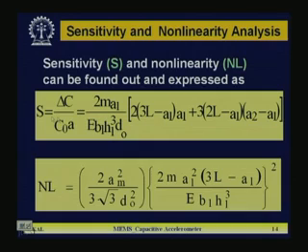Sensitivity is delta naught divided by C naught into A, where if you put the value of the delta C, which is given in the earlier expression, then the sensitivity expression comes like this. Similarly, nonlinearity is given by twice A square m 3 root 3 D naught square multiplied by this factor. So, these are the sensitivity and nonlinearity expressions from where you can easily calculate the values of sensitivity and nonlinearity.